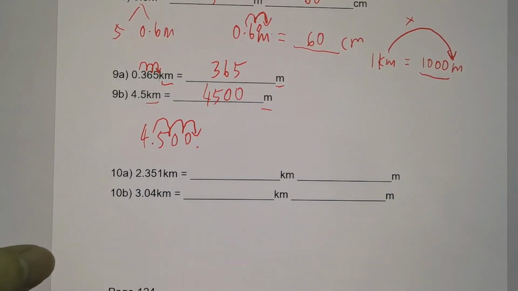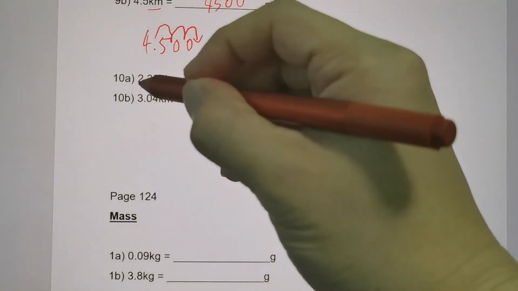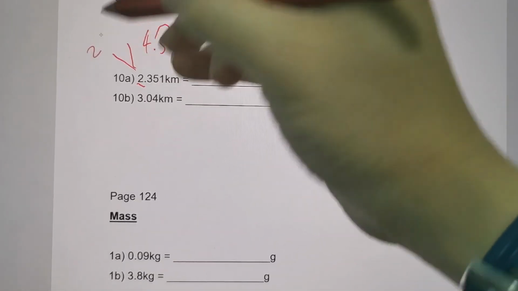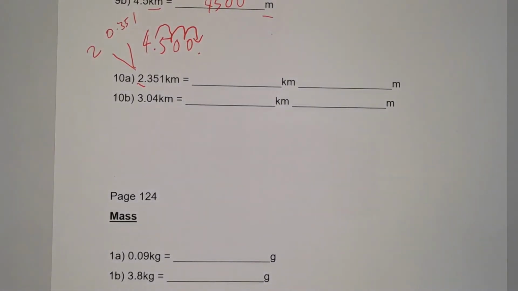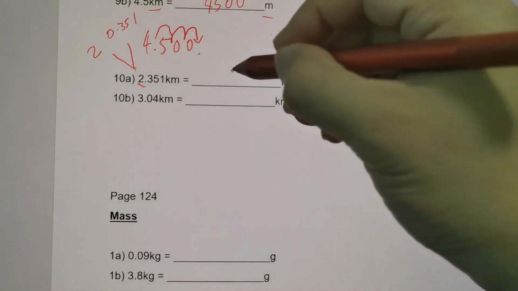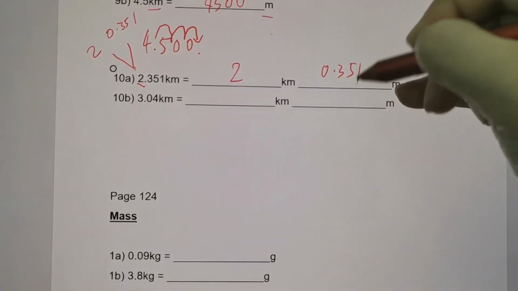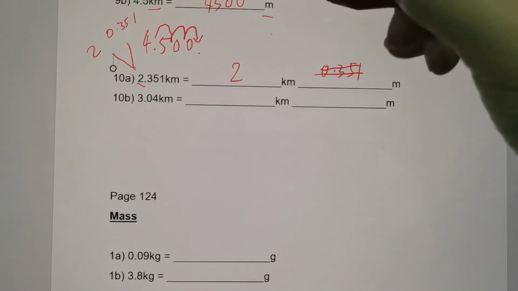10A and 10B. Let's take a look. This is, you can break it up into 2 and 0.351. Okay, you can always break it up like that. And then of course 2 is 2 kilometers. Now, you cannot write 0.351 like that. No, not allowed. You cannot do it like that because 0.351 is in kilometers.